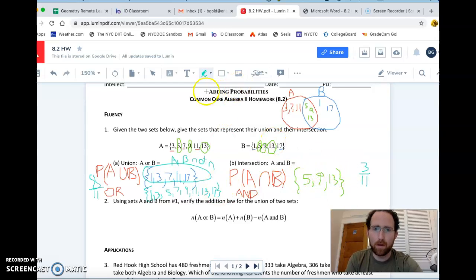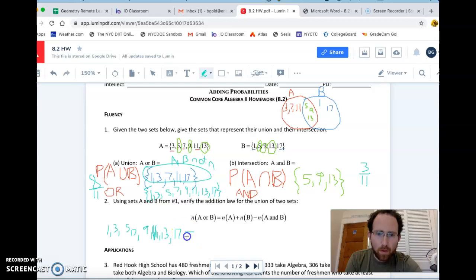That's what I meant. I apologize for that. Let's go ahead and put A or B. We're going to get 1, 3, 5, 7, 9, 11, 13, and 17. My commas look more like ones, so it's getting a little confusing. I am writing on the computer, just to be clear.